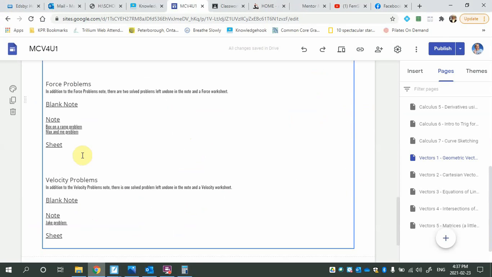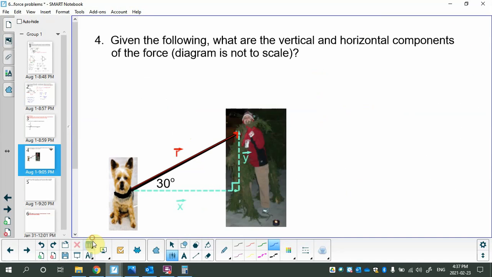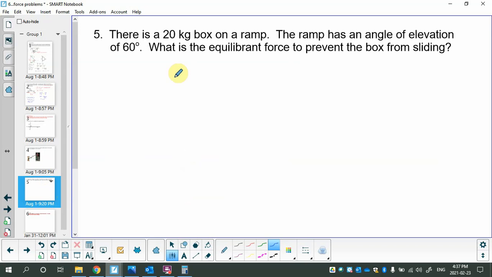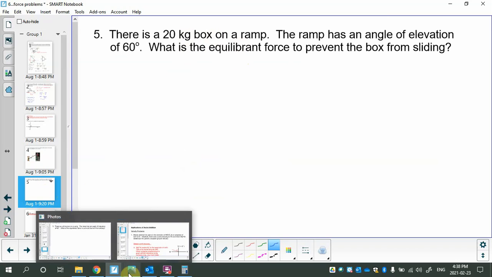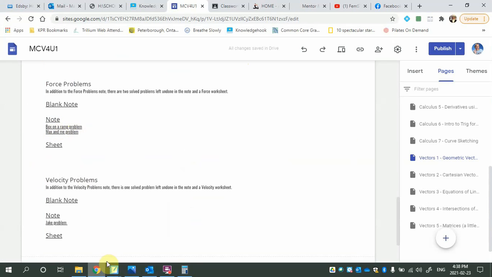So that is Max and me. It's my family dog. He's in doggy heaven right now. That's me on a pine decorated reindeer. And then the other one is a box on a ramp, and you can see that solution by accessing it here, box on a ramp problem.